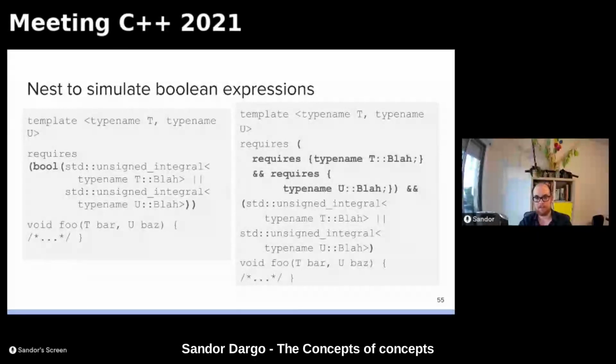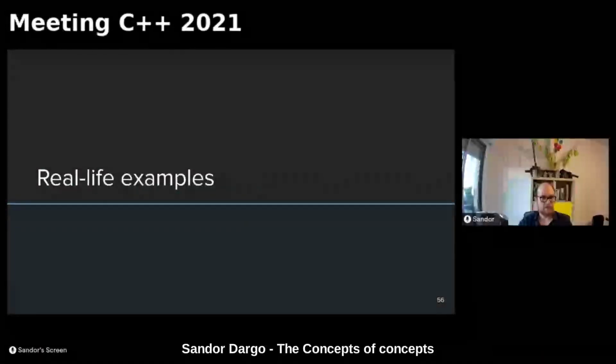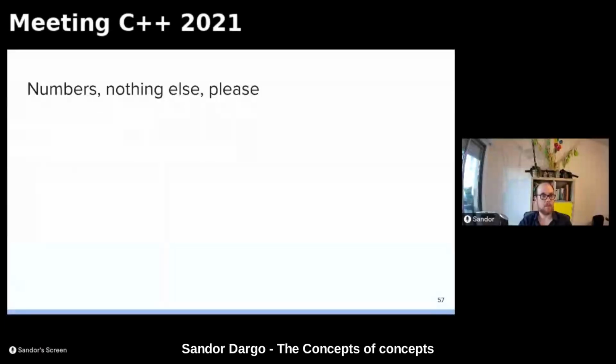It's more readable. So my message is that when you want to use a nested requires, think about it twice. Do you have an easier and more readable way to express it, or is it actually the way which is more readable? So let's go to some real-life examples that we could use.